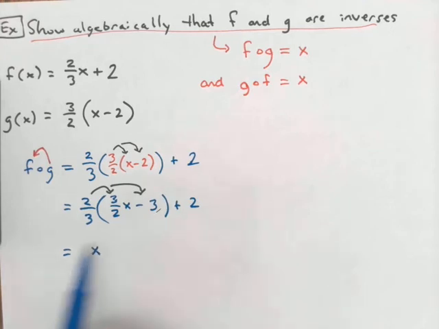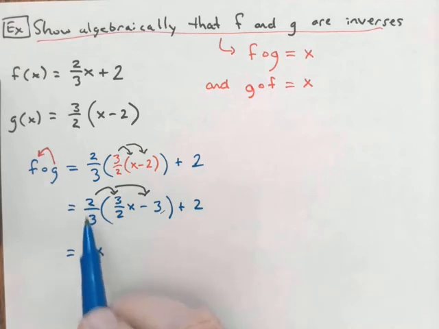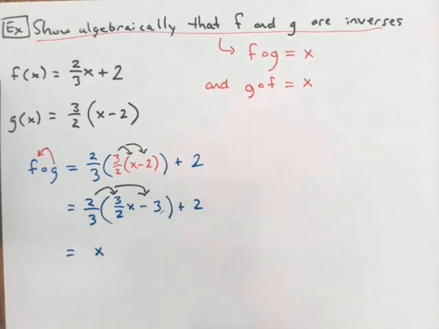The other thing you might recognize is that 2/3 and 3/2 are reciprocals, and anytime you multiply reciprocals together, you do get an answer of 1. So 2/3 times 3/2 x gives us 1x, or just x. 2/3 times a minus 3 gives me a minus 2. And then we would have the plus 2 on the end still. And now those 2's cancel out, and we just get an answer of x.